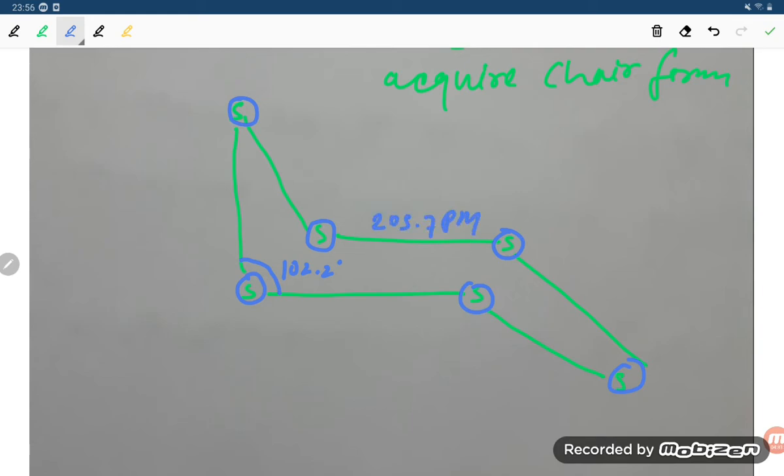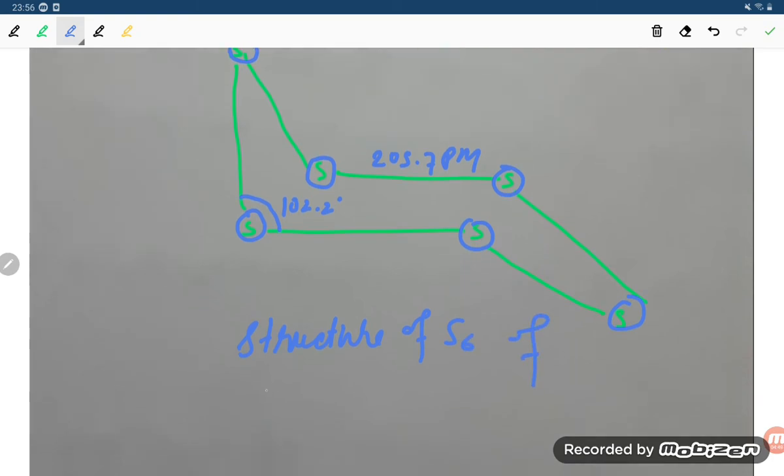And this is the structure of S6, an allotrope of sulfur.